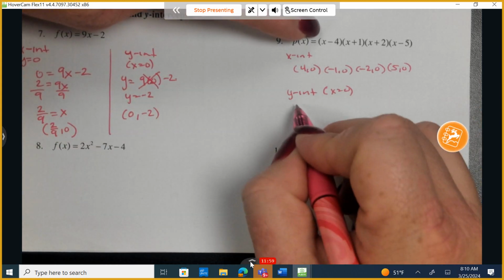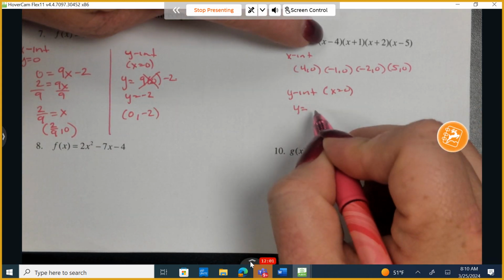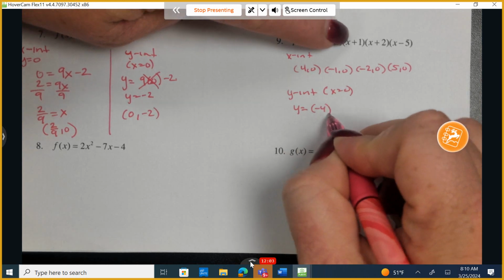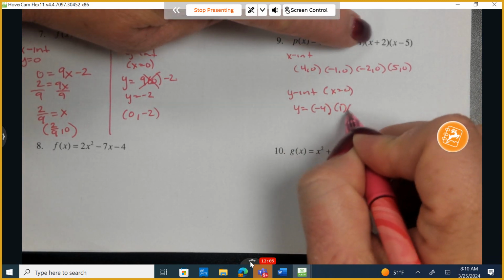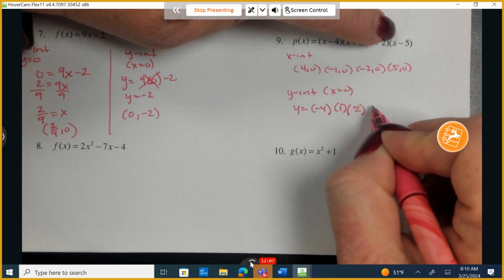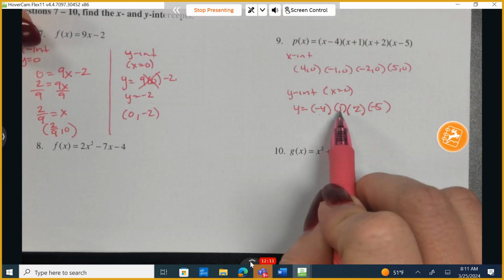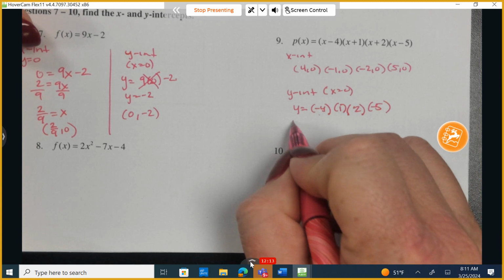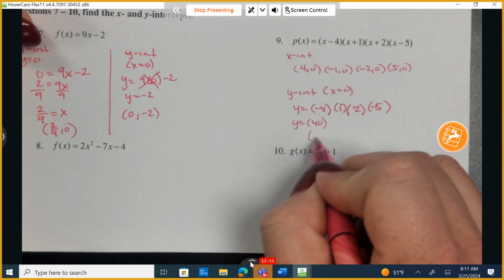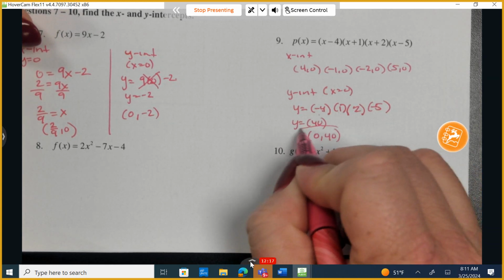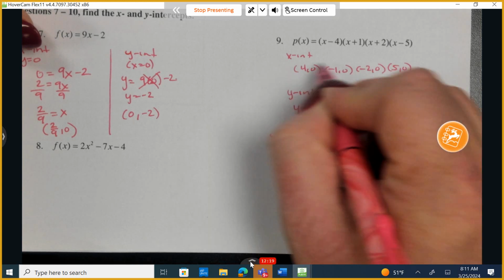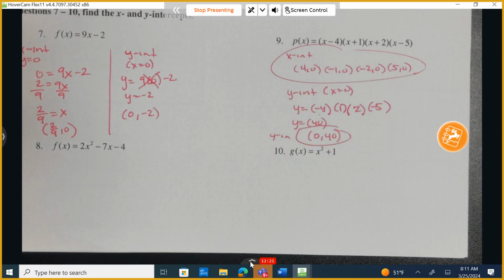So when I plug x into 0 here, I get 0 minus 4, well that's -4, and 0 plus 1 is 1, 0 plus 2 is 2, and 0 minus 5 is -5. 20 times 1 is 20, 20 times 2 is 40. So my y-intercept is 0, 40. This is my y-intercept. These are my x-intercepts.